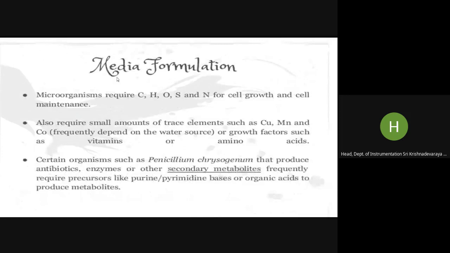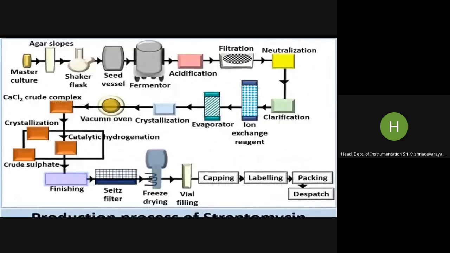In the media formulation, microorganisms require carbon, hydrogen, oxygen, sulfur, and nitrogen for cell growth and maintenance, and also small amounts of trace elements such as copper, manganese, and cobalt, frequently supplied by the water source.